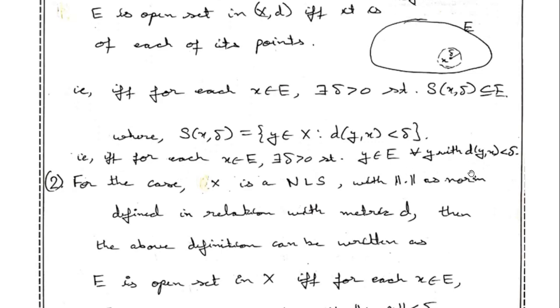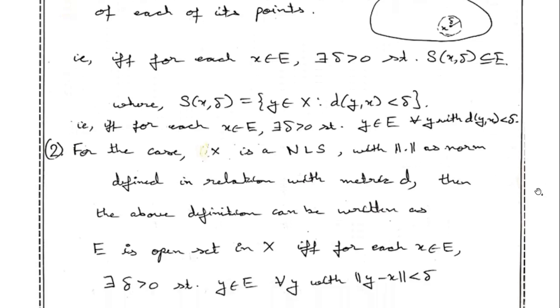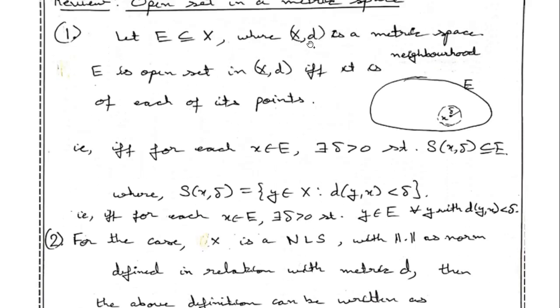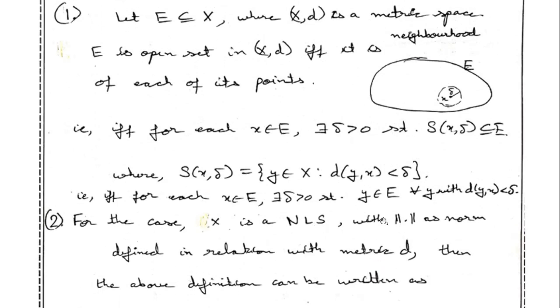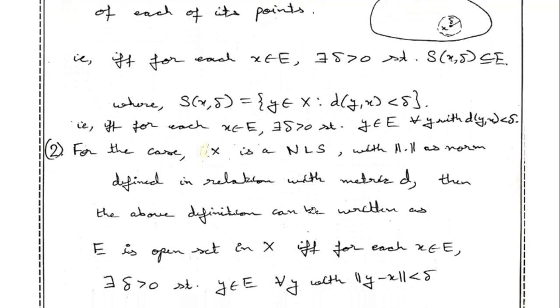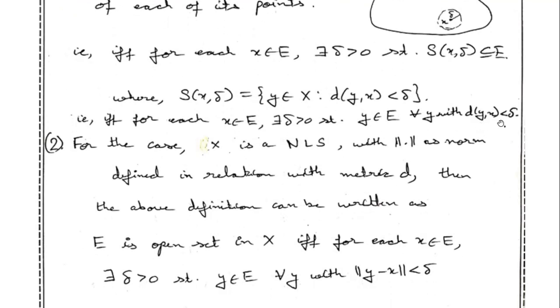And now let us connect this to the definition in terms of a normed linear space. Because we will consider the normed linear space in our proof, let us rewrite everything in terms of a normed linear space. Let us assume that this X, which we were considering as a metric space, is a normed linear space also, which means it's a vector space also. So how will we rewrite this definition of open set?